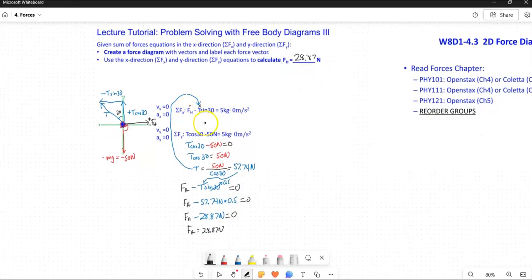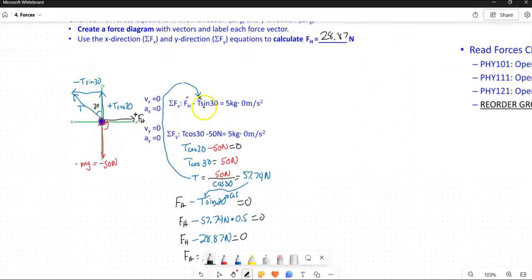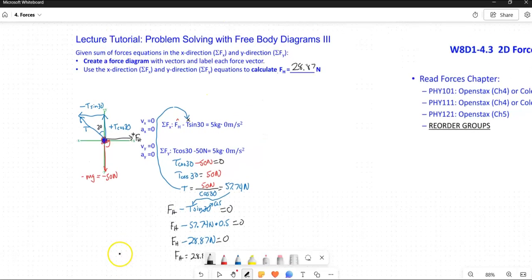The one equation that has what you're solving for, if that's this one right here, this T needs to be eliminated. So look to the other equation to get a numerical form of T as a number, which was 57.74, and then plug that number in right here. And that'll quicken it.